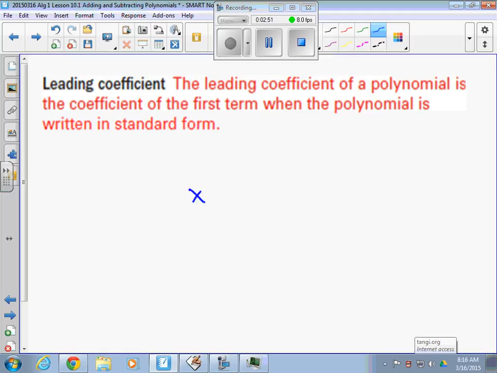So if we're doing the same example, x to the third plus x squared plus x to the first power, the leading coefficient is not 3. The coefficient is the number that is multiplying. So all these coefficients would be 1. The leading coefficient is whatever this number is of the first term when it's in standard form.